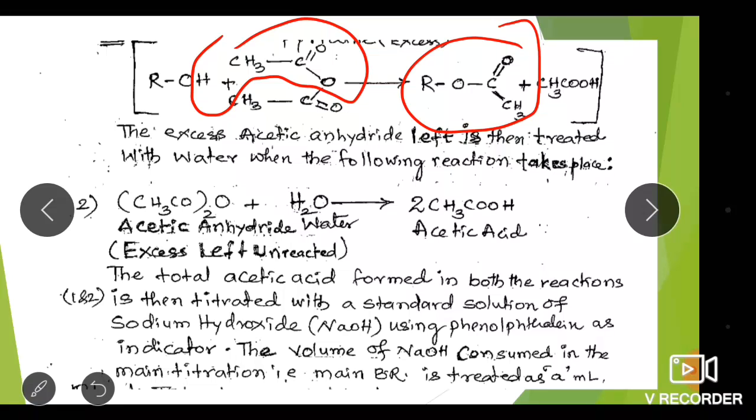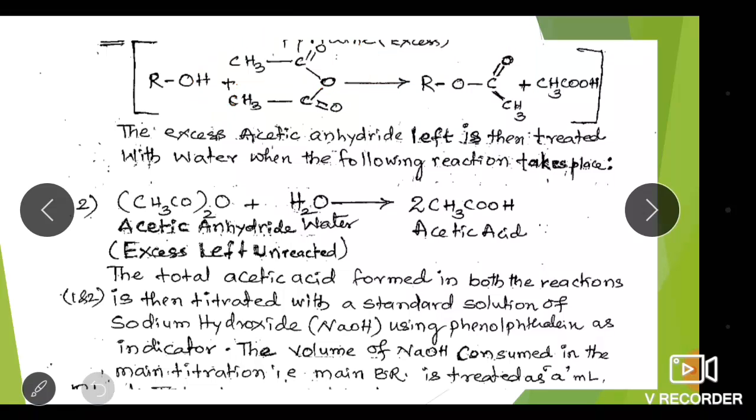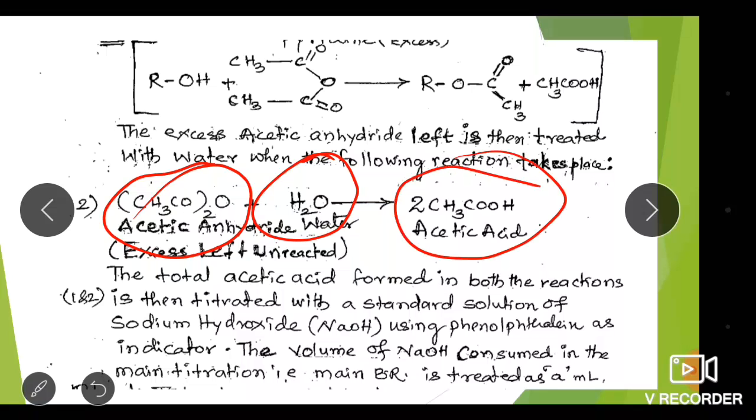The excess acetic anhydride left is then treated with water, and the following reaction takes place: the excess unreacted acetic anhydride on hydrolysis with water gives 2 molecules of acetic acid.